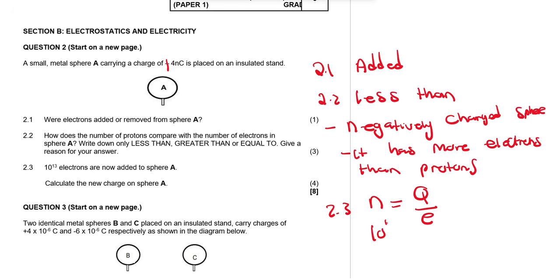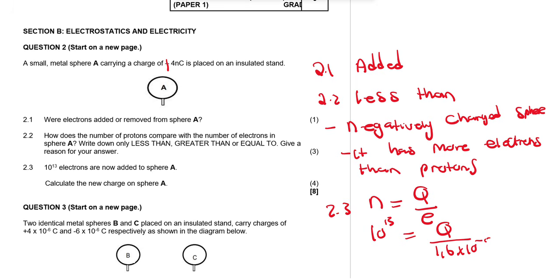It's 10 to the power of 15, equals Q, the charge we want. What is the charge of an electron, or what is e? You can go to the information sheet and you are going to find it. It is 1,6 multiplied by 10 to the power of minus 19.